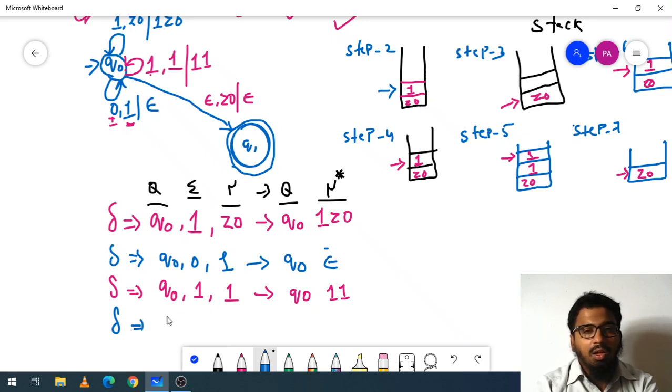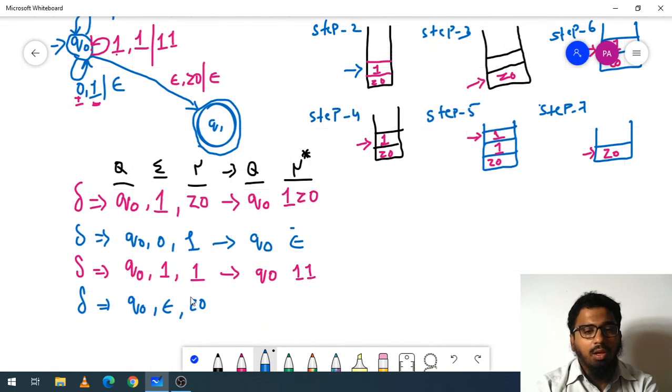Now the next one is delta from Q0, comma epsilon, comma Z0. What answer are we getting? It is going to the next state, from Q0 to Q1.